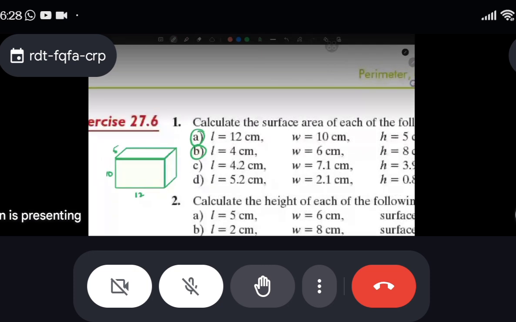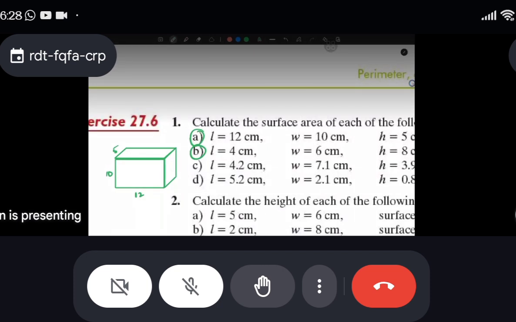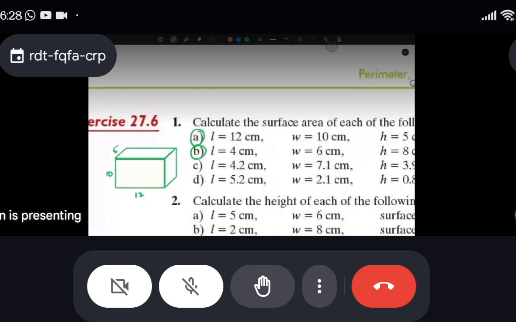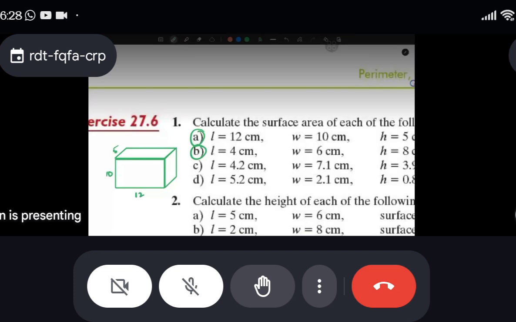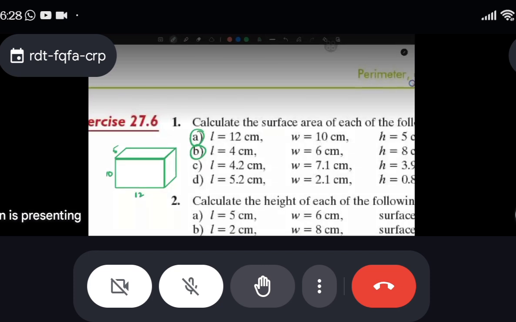So you'll have one face which is 5 times 10, one face which is 10 times 12, and one face which is 5 times 12, right? So what answer did you get? Sir, 600. Sir, length into width into height.